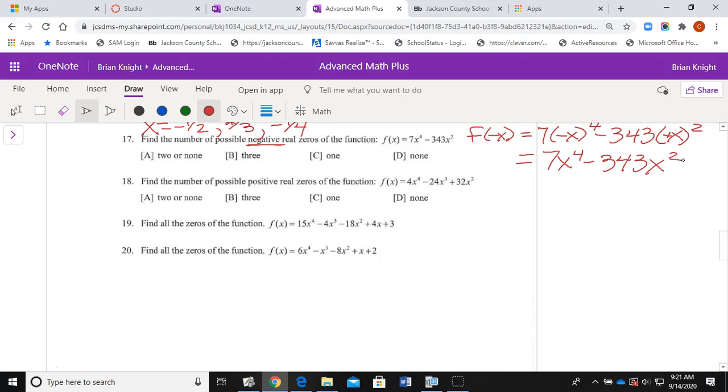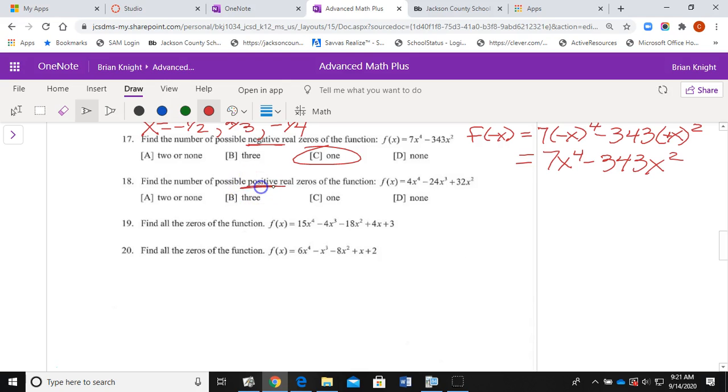What's the sign on 7? Positive. Did that change? Positive and negative is definitely different. So that changed. How many times does it change? Once. So that's your answer. There is one possible negative real zero here. So if it said 7x to the fourth minus 343x squared plus like 27, it would be twice. Correct.